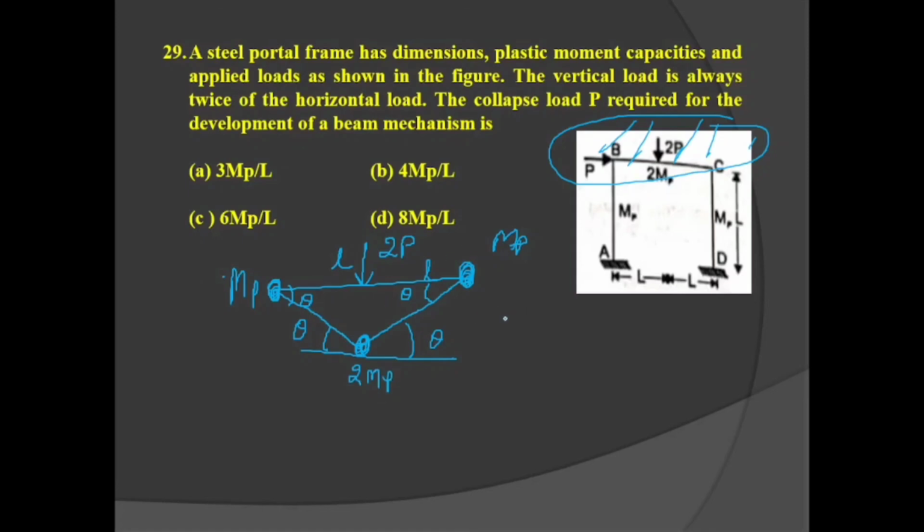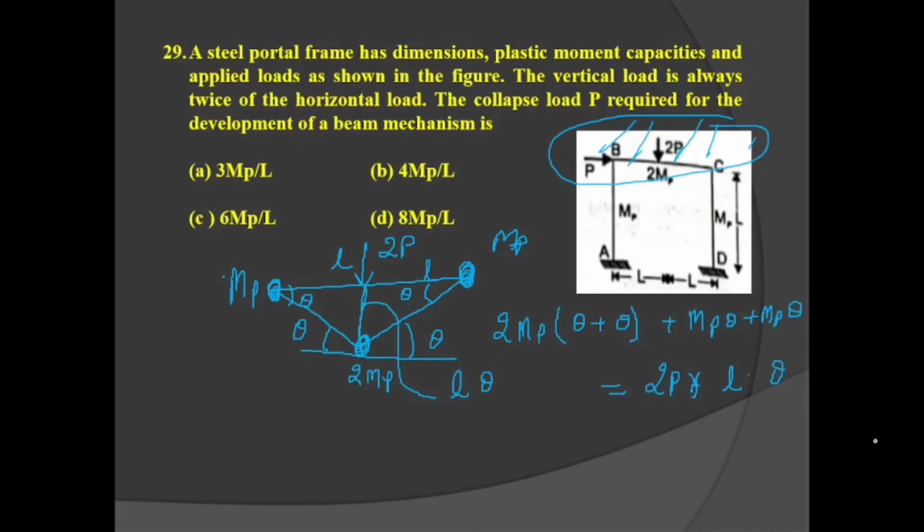So in general, 2 MP into theta plus MP into theta here plus MP into theta here must be equal to 2P into L into theta. Why L? Because this deflection is generally L into theta.